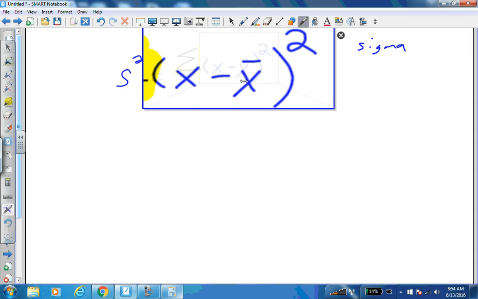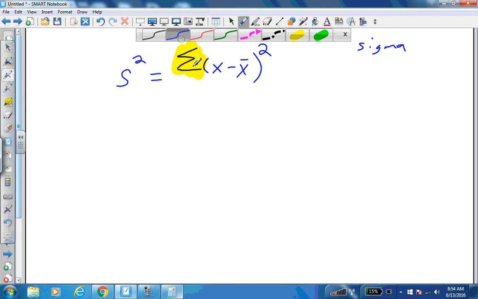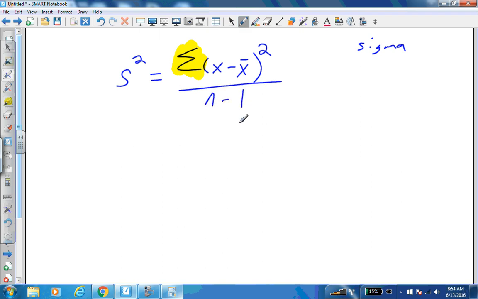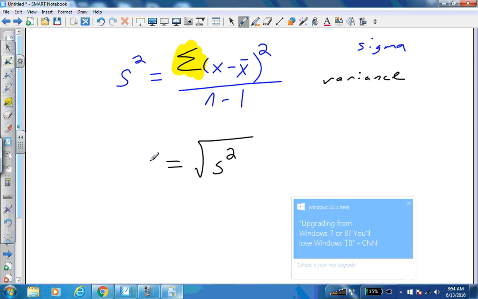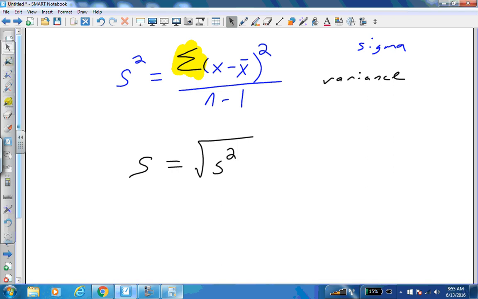So these are the deviations. It says square those deviations, and then add all of those up and divide by n minus 1. I'm not going to go into detail why it's n minus 1 and not n, but that's basically averaging the square of the deviations. So that gives us variance. And then if we have variance and we want standard deviation, we take the square root of that, and that gives us standard deviation.